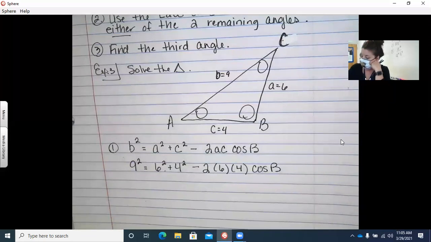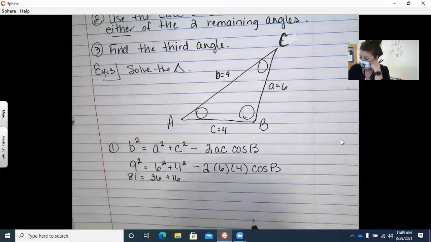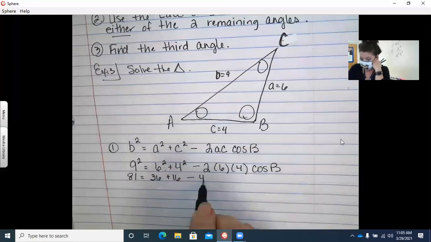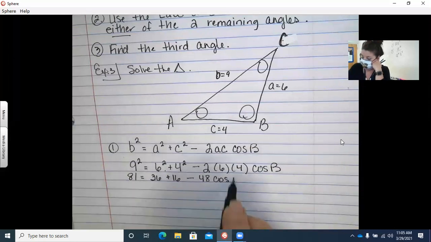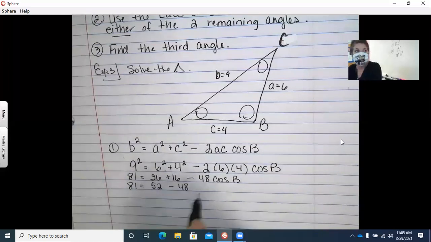So that would be 81 equals 36 plus 16 minus 48 times the cosine of B. So that's 81 equals 36 plus 16 is 52 minus 48 times the cosine of B.